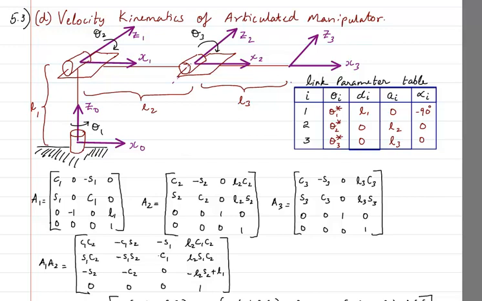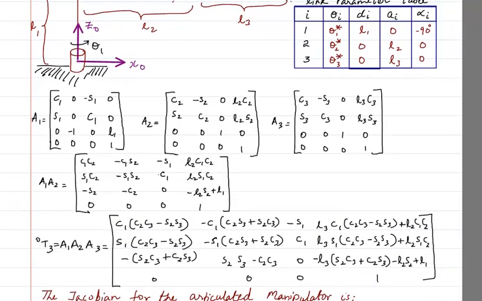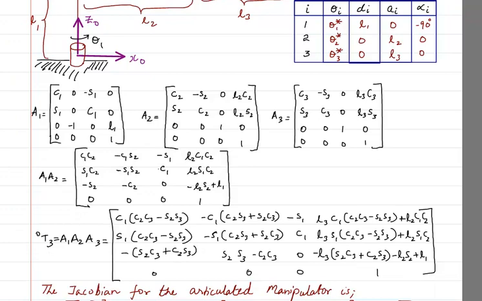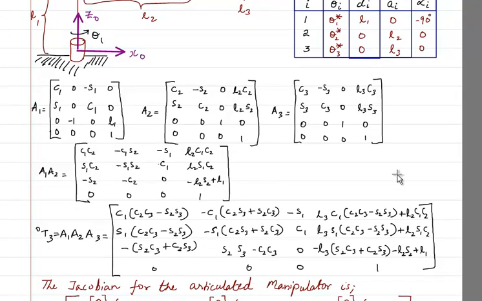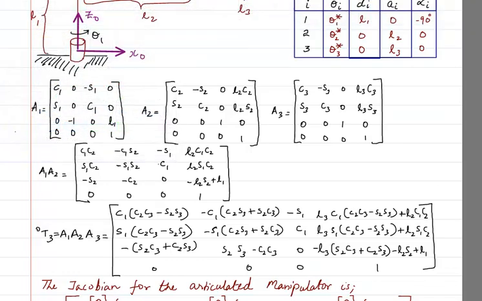And also here I have straight away multiplied A1 into A2 and also A1, A2, A3. So this is our 0T2, and 0T3. A1 will be straight away 0T1.